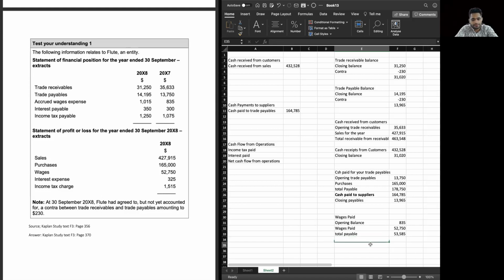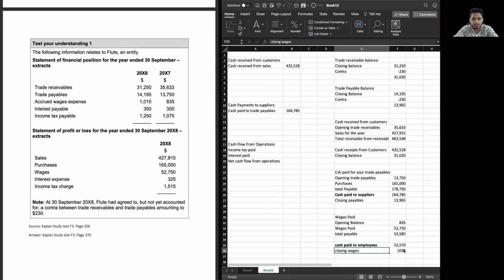Now from this, you need to reduce the closing balance, your closing wages, which is going to be 1,015. So cash paid to employees as wages would be 53,585 minus 1,015.